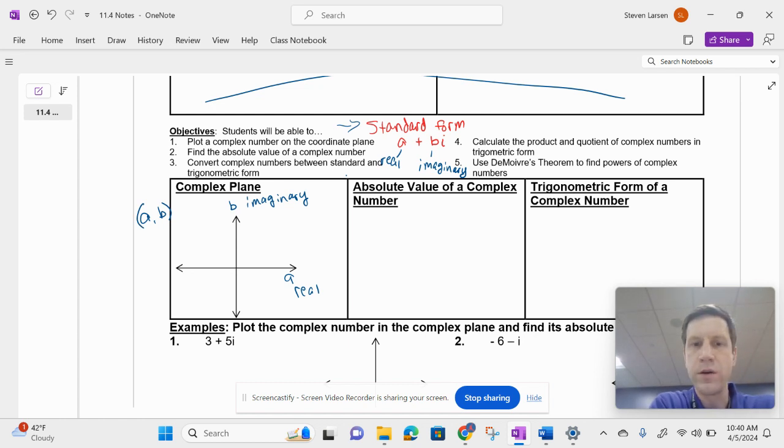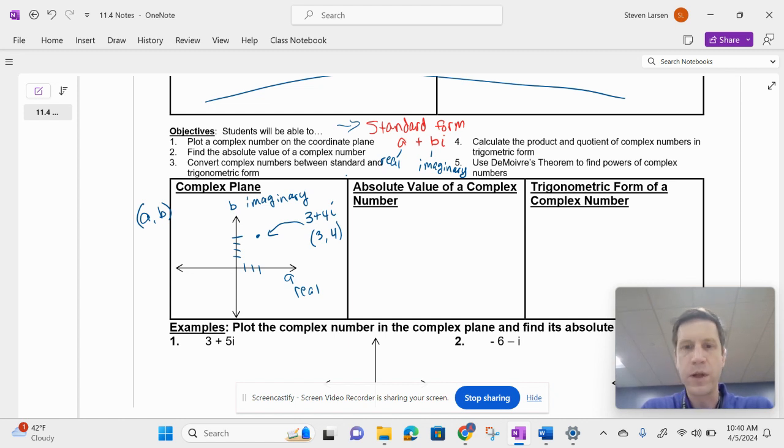And that's how I turn a standard form complex number into an ordered pair. So for example, if I have 3 plus 4i, I can write that as an ordered pair, 3 comma 4. And I would go 1, 2, 3 on the a-axis, 4 on the b-axis, and that's how I can graph that.